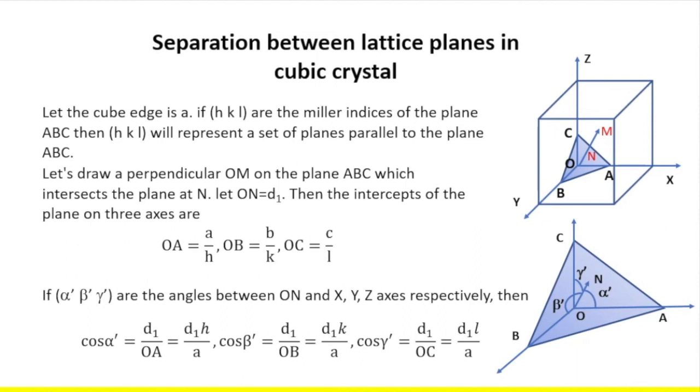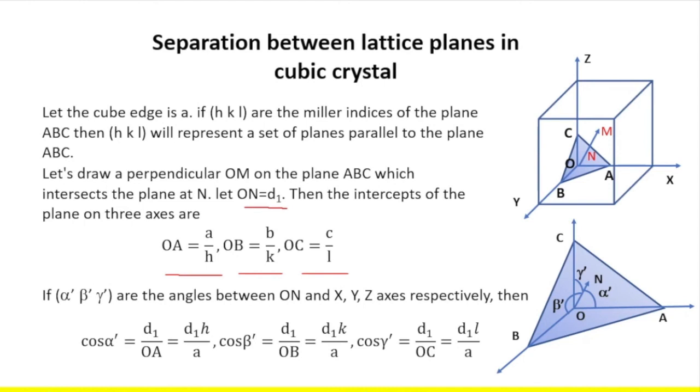Now if we draw a perpendicular from the origin O onto this plane ABC, it will intersect the plane at the point N, and let's say this distance ON is d1. Then the intercepts of the plane on the three axes will be OA equal to a by h, OB equal to b by k, and OC equal to c by l.